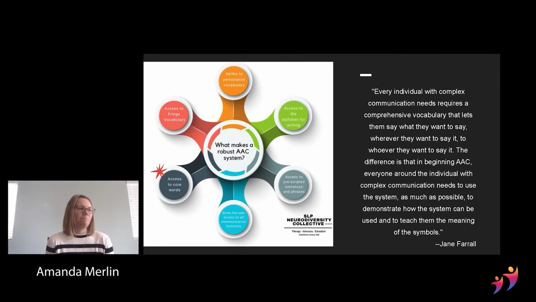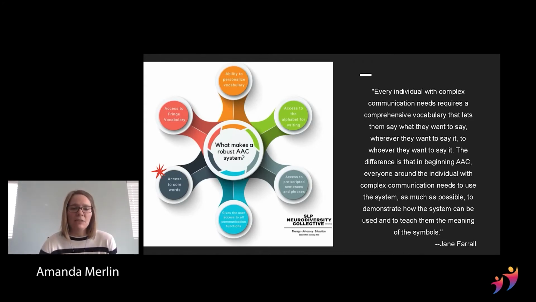So, the most important people, the most important foods, the most important activities to that person, so that they're motivated to use their system. This is a personal journey, and if communication isn't quick and easy and effective, if it's too much work, then we're not going to want to do it.